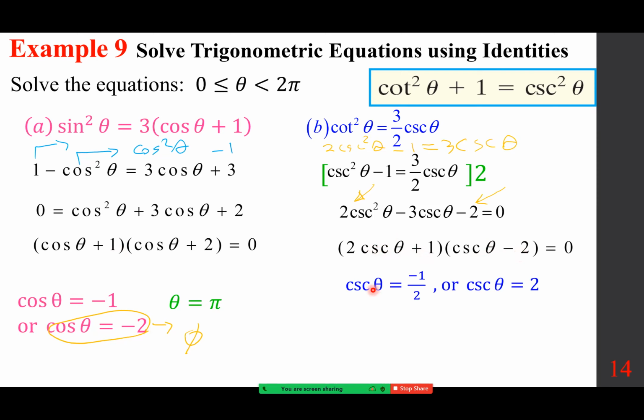This means sine theta is negative 2. And this means sine theta is positive 1/2.